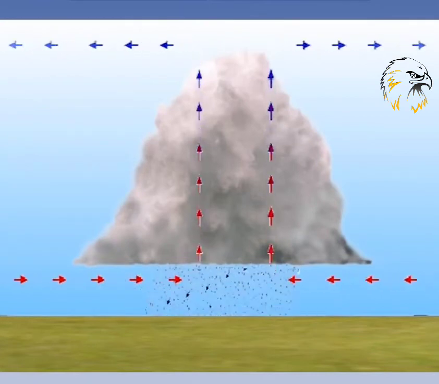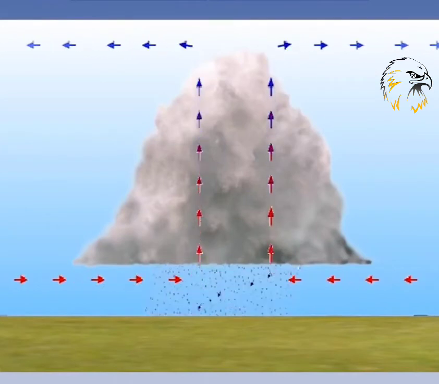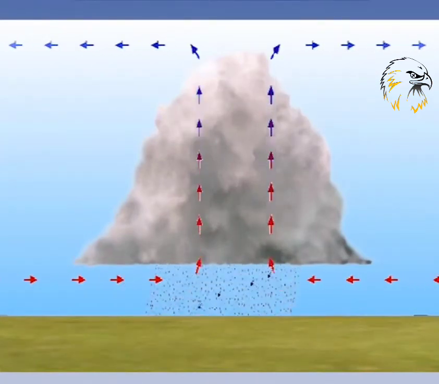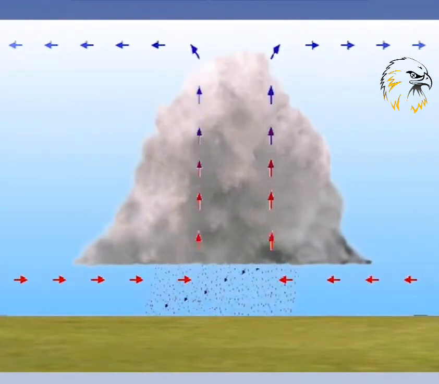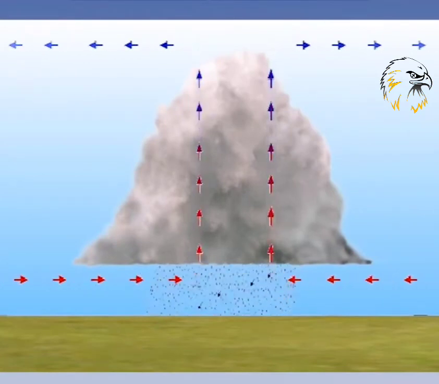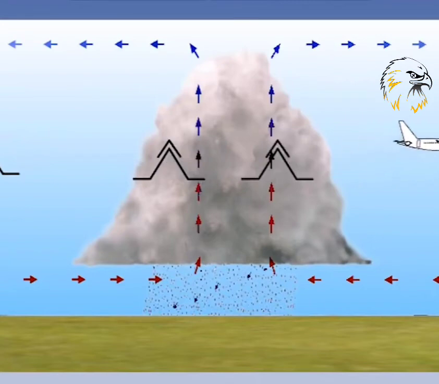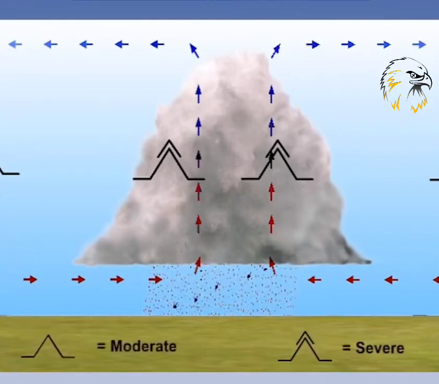The precipitation will drag air with it and cause downdrafts within and underneath the cloud. These up and down drafts, both within and surrounding the cloud, can be a potential problem to aircraft. If a pilot were to fly through these systems, the aircraft could be exposed to significant amounts of turbulence. The stronger the depression, the greater the potential for turbulence. The symbols used to report turbulence are shown in the animation sequence.